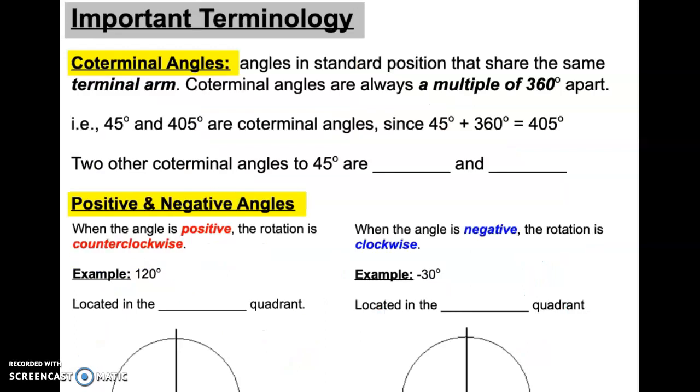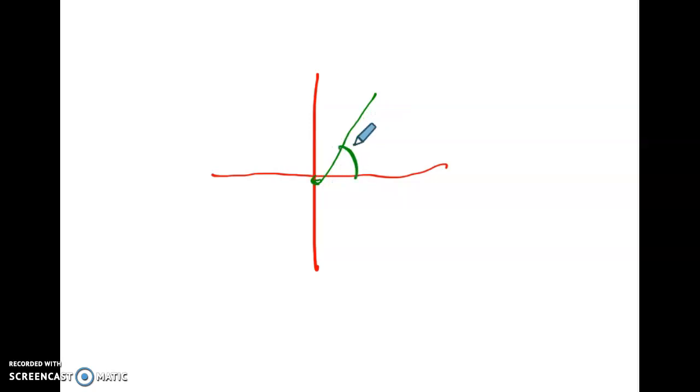Next we'll go through some terminology. So coterminal angles, that is angles in which at the standard position they share the same terminal arm. Okay, and coterminal angles are always going to be multiples of 360 degrees apart. So what that actually means on our grid here, if this was our terminal arm, and let's say it's a 45-degree angle, a coterminal angle is going to have the same terminal arm.